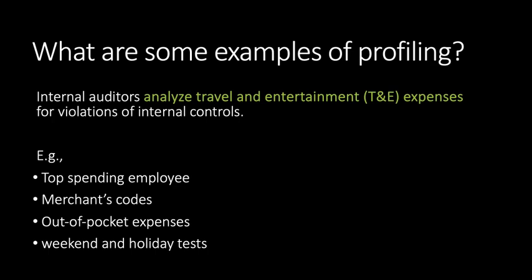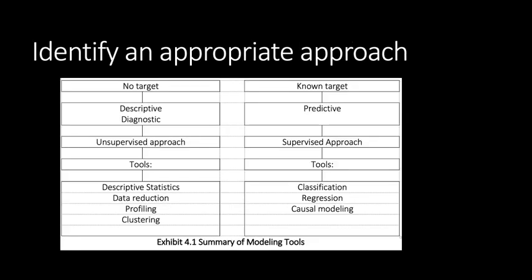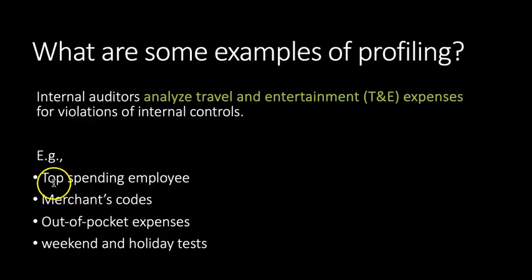The second method we talked about is called profiling. Now, what is profiling? Profiling is a diagnostic analysis, because you're trying to figure out what's going on in the data set, right? For example, you are trying to analyze travel and entertainment (T&E) expenses for violations of internal controls.